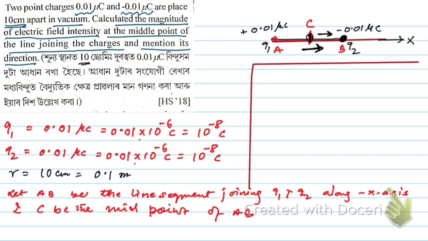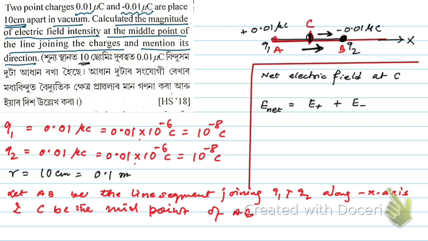Let me continue from here. So the net electric field at C is going to be given by the electric field due to the positive charge at C and the electric field due to the negative charge at C, right?